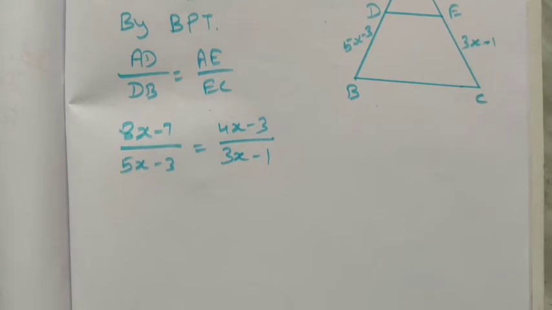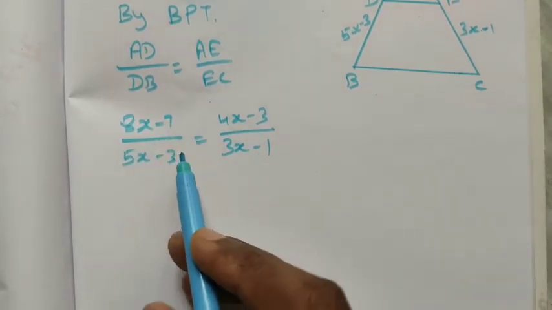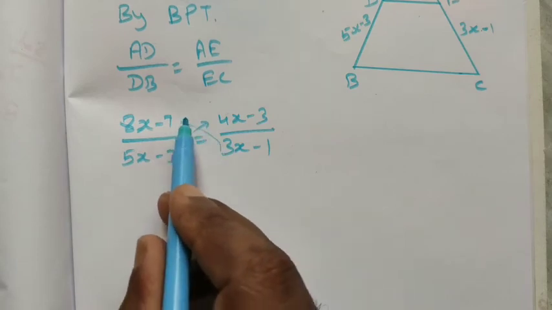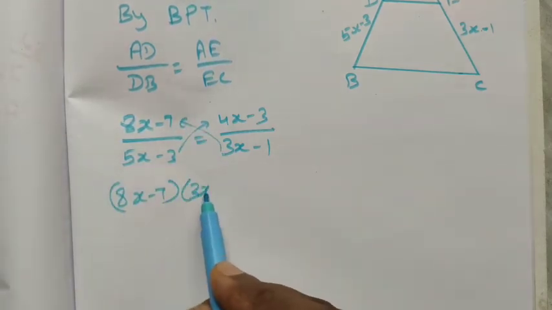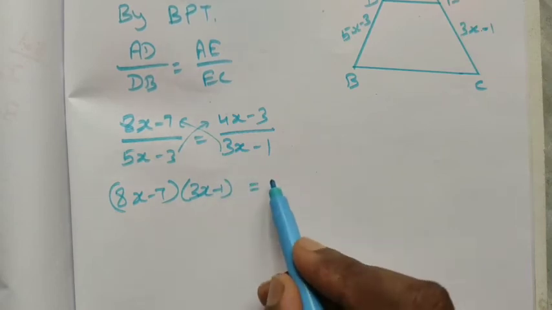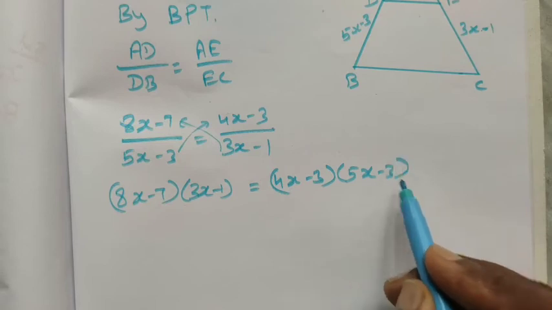Now cross multiplication, I take this term to this side and this term to this side. So 8x minus 7 into 3x minus 1 is equal to 4x minus 3 into 5x minus 3.